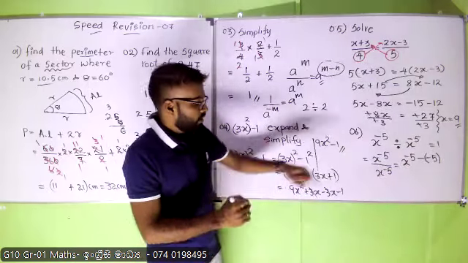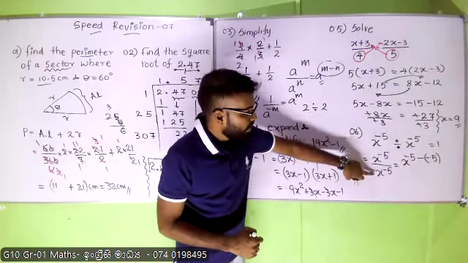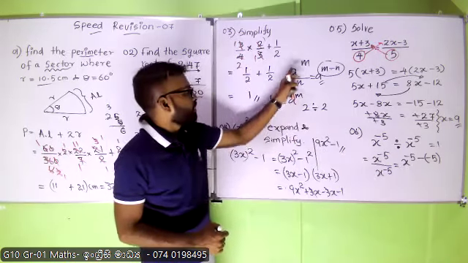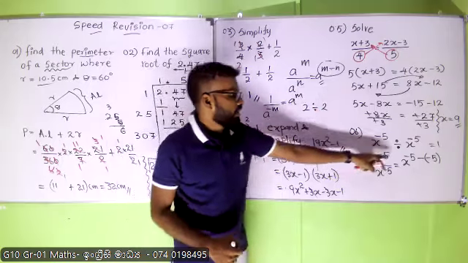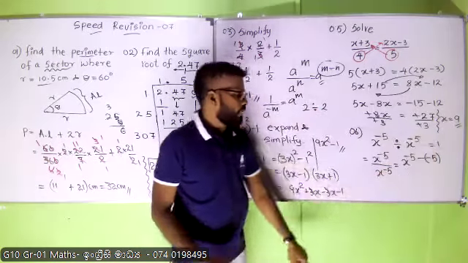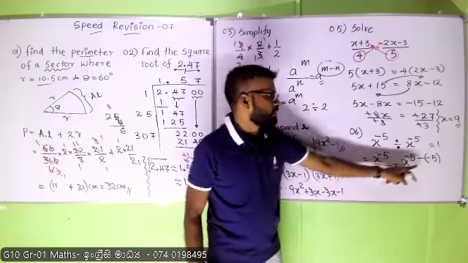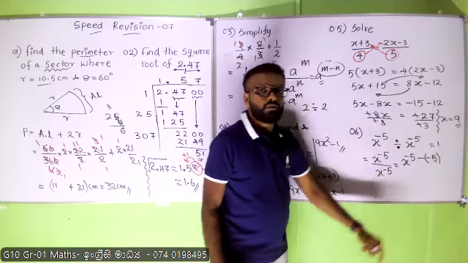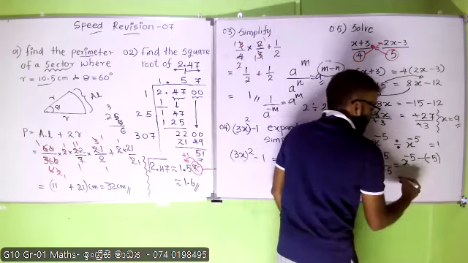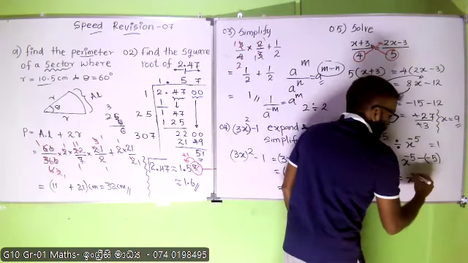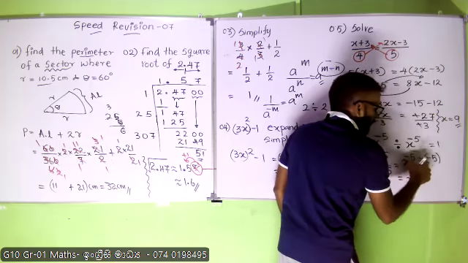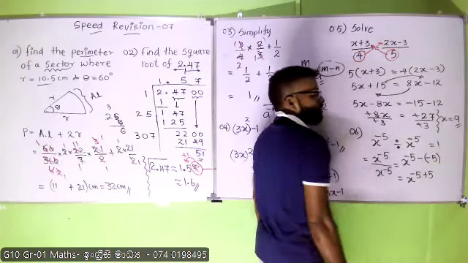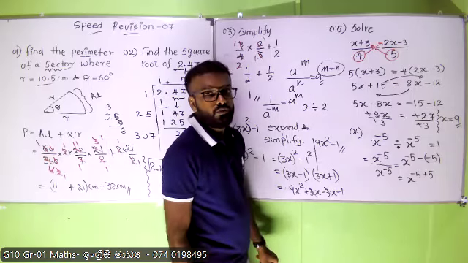This is like x to the power a divided by x to the power b, a to the power m, a to the power n, a minus b. A means minus 5, b also means minus 5. So negative minus negative 5. You can simplify this: negative into negative is positive. Negative 5 plus 5 is 0.